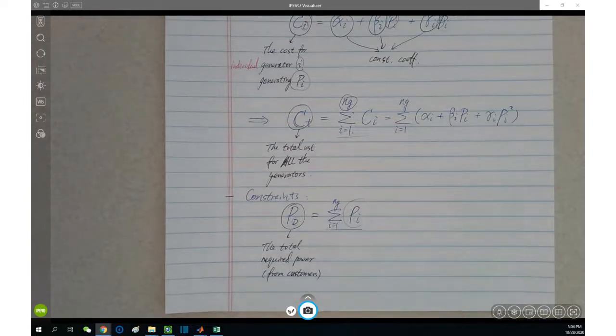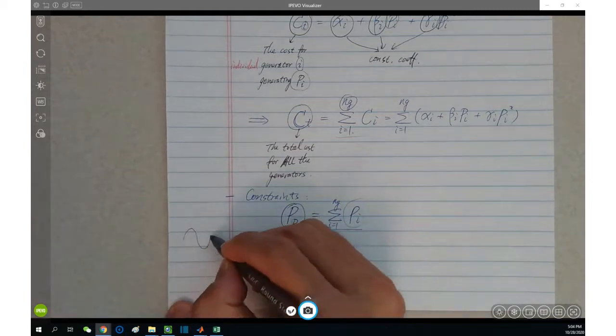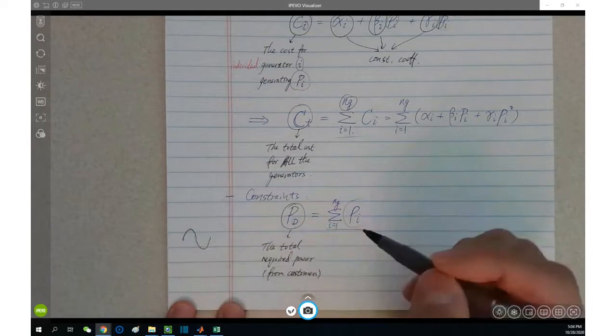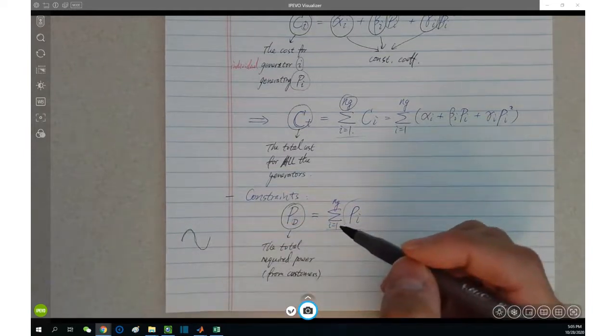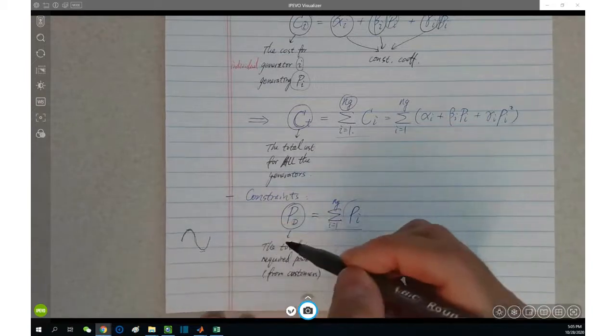For generating a certain amount of power, you need to generate the power in the format of voltage and current, right? So first of all, your voltage must be what? Certain magnitude. And more importantly, it has to be what? 60 hertz in this country.